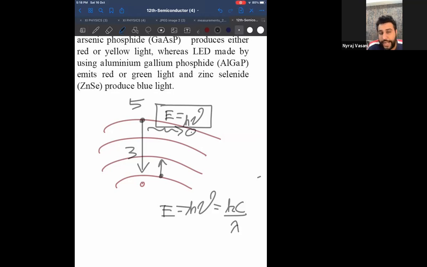Okay, therefore you have drawn the diagram of the LED symbol. Below that, write down the side heading, principle of LED.